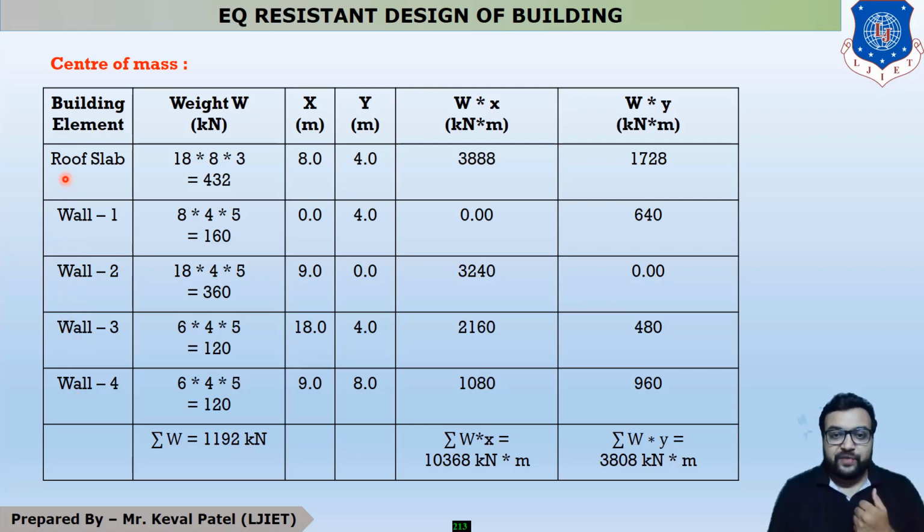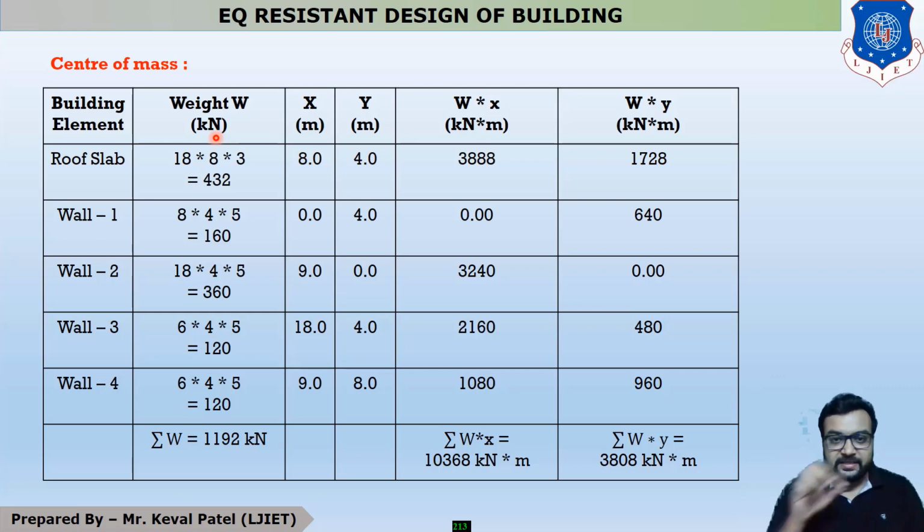For the roof slab, in the question the self weight of the roof is given as 3 kilonewton per meter square, but we have to find all the weights in kilonewton, so we have to multiply with some area. What is the area of the slab? The area of the slab is 18 meters in the x direction and 8 meters in the y direction.